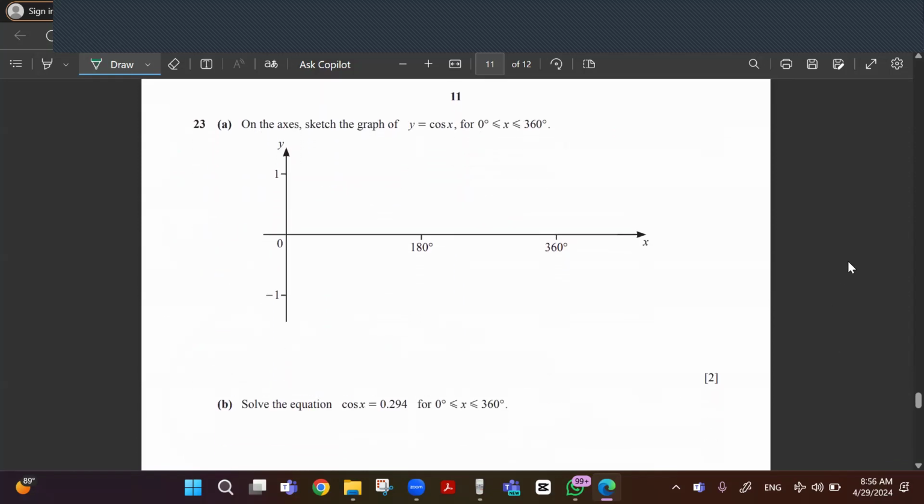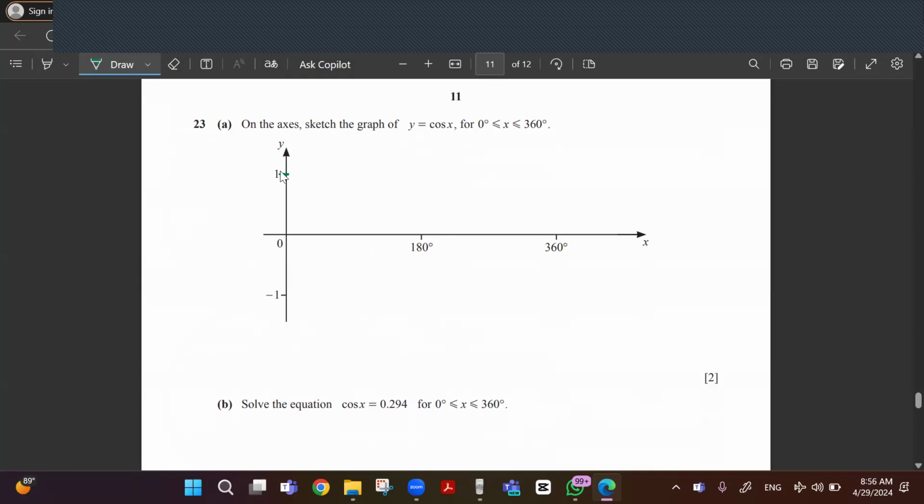Question 23. On this axis, sketch the graph of y equals cosine x. The graph of y equals cosine x and y equals sine x are both 90% similar. The only difference is that cosine x starts from 1, but sine x starts from 0.